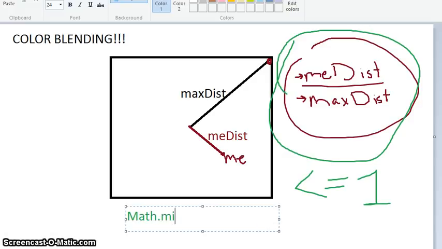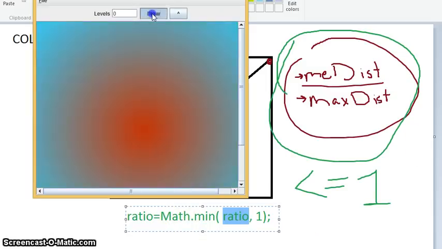No, sorry, it wouldn't be max, it would be min of your ratio and 1. In that case, that would most of the time just give you the ratio unless the ratio was too big. So this is like training wheels. If you did mess up your math, at least this would not break the color that you tried to make. But anyway, have fun with that. It makes a really cool effect, and it is beautiful.